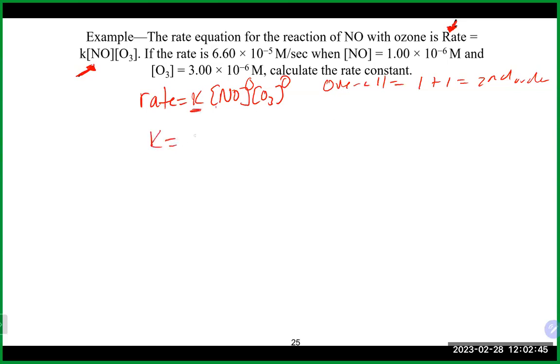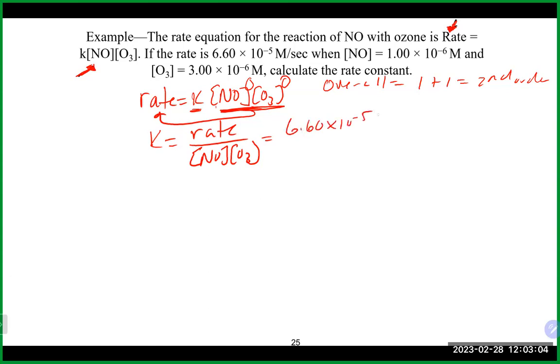So K in this case would be the rate divided by NO and O3, again, dividing these to the other side. Putting in our values here, we end up with 6.60 times 10 to the minus 5 molar seconds divided by 1 times 10 to the minus 6 molar and 3 times 10 to the minus 6 molar.